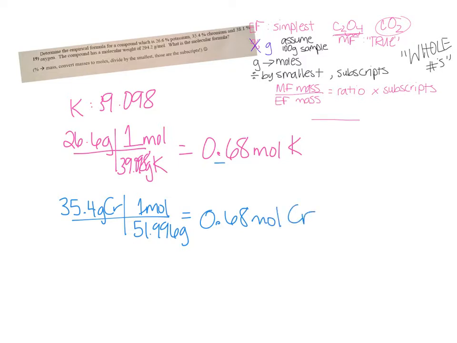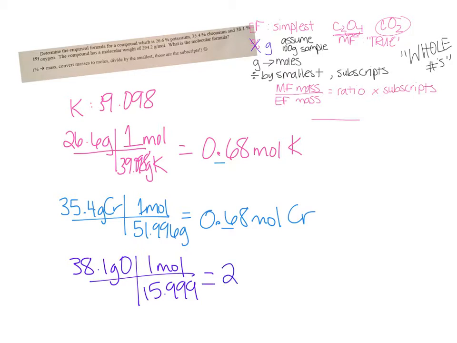So as you can see, we got the same number here. Finally, we have 38.1% or grams of oxygen. So we're going to divide it by its molar mass, 15.999, to get 2.38 moles. So we've now done grams to moles.